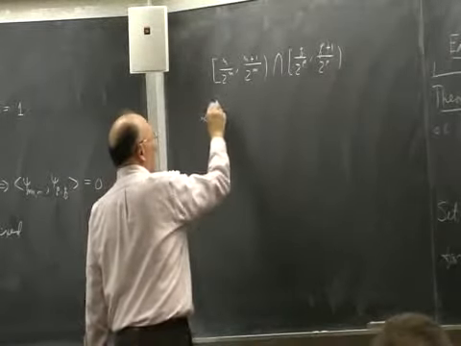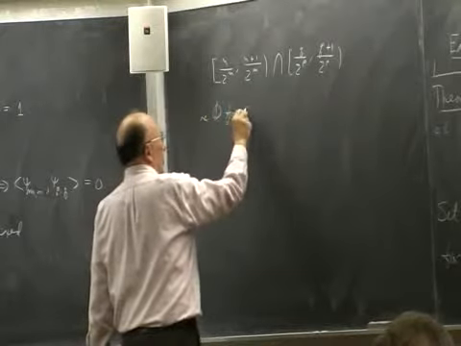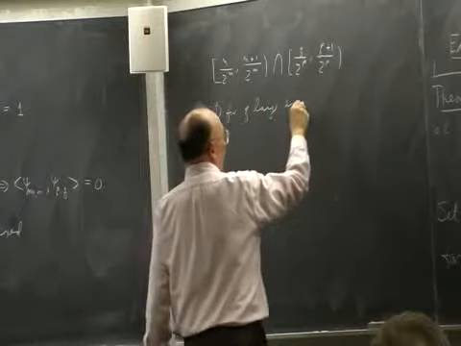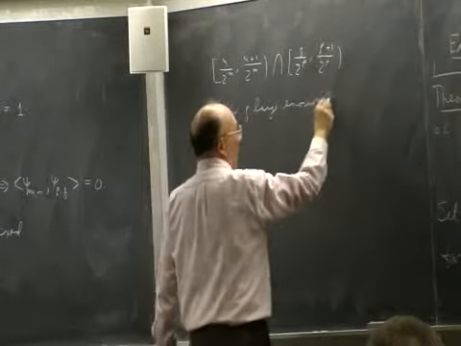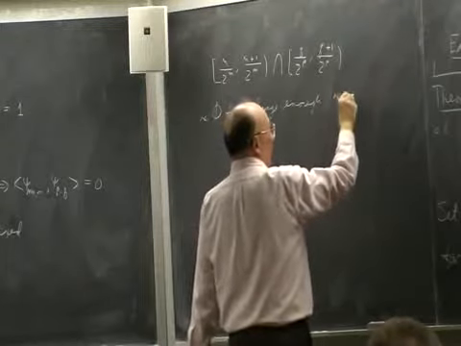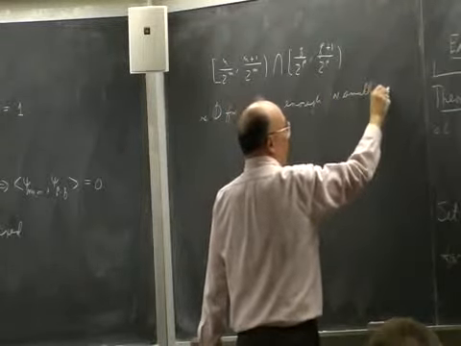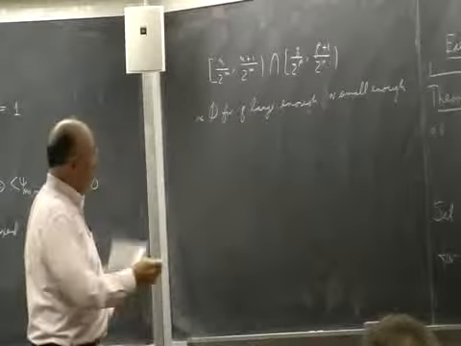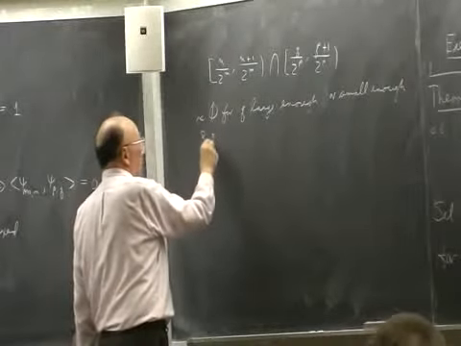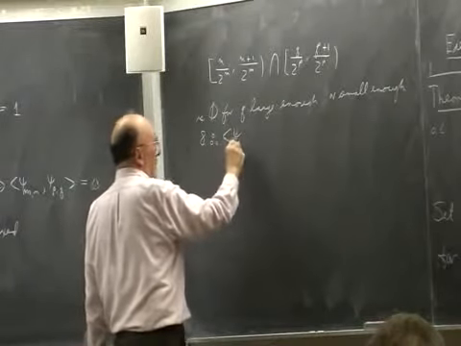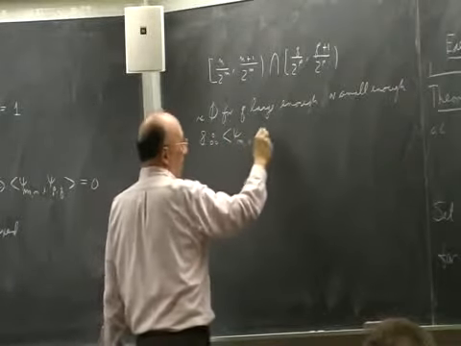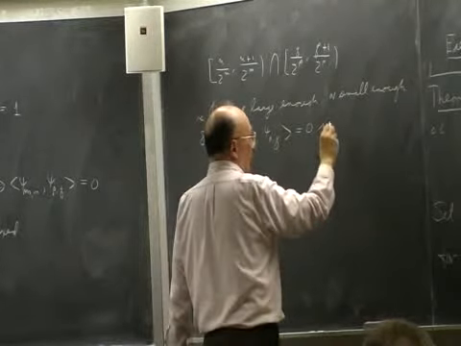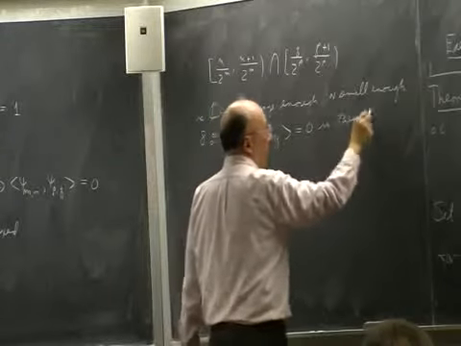So this is empty for q large enough or small enough. And therefore the inner product of psi mn and psi pq is 0 in these cases.